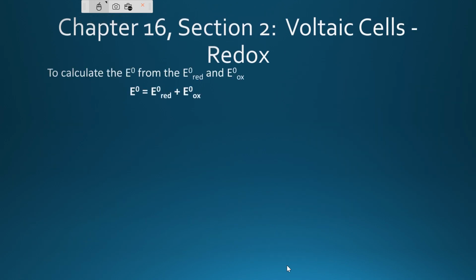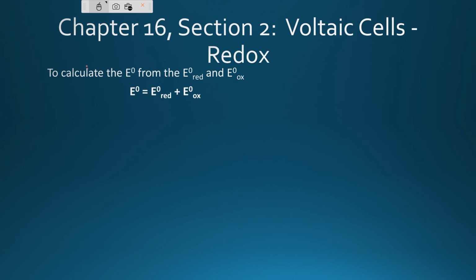Now, why that table is important and why we needed to see those things along the way is that I can calculate the voltages along the way just by using this very simple equation.